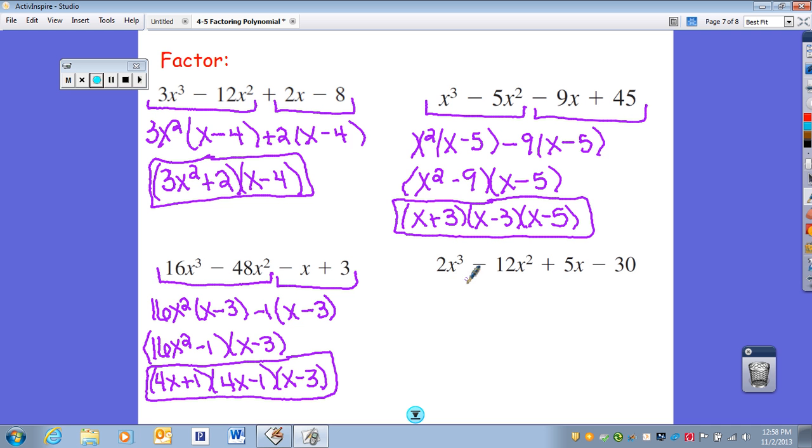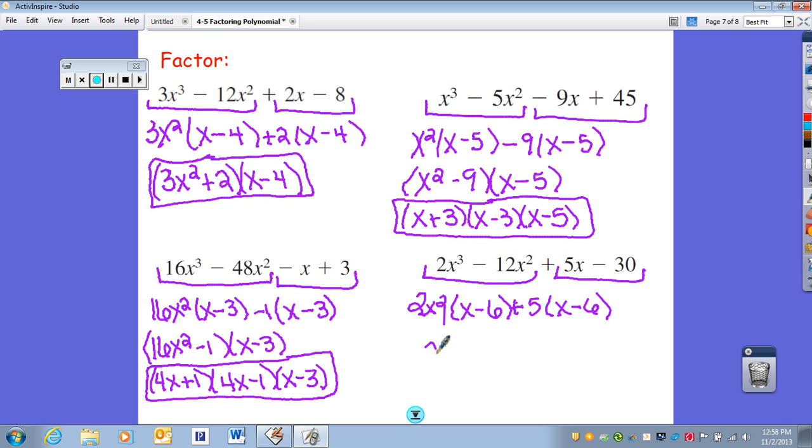Our last example on this slide, make sure that these are written in standard form, and we want to check what these two have in common, which is 2x squared. Then we have x minus 6 as our binomial. In the next two, we see that they have a 5 in common, so that'll be plus 5, and that gives us x minus 6.